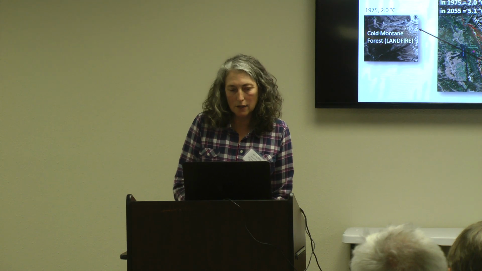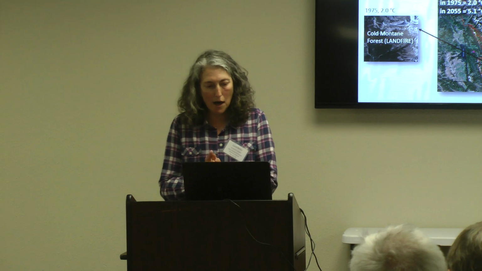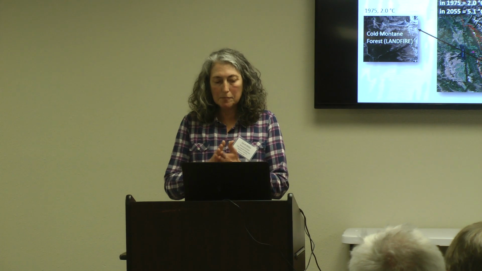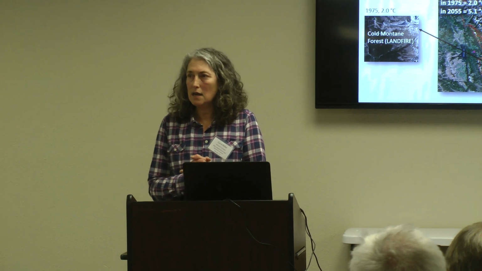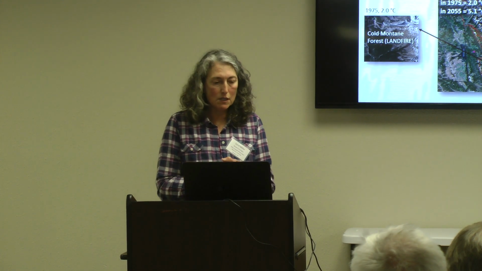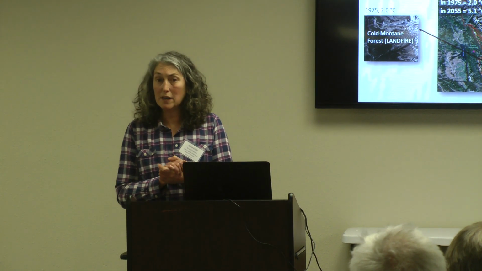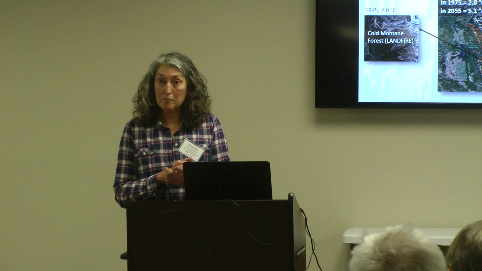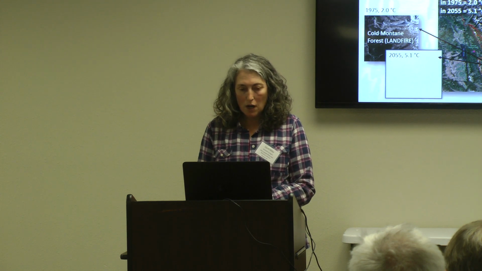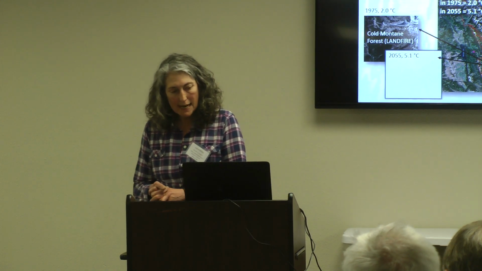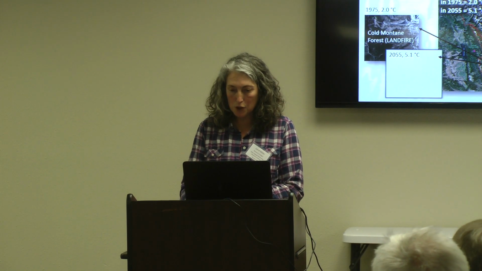If I look up that site on the LANDFIRE vegetation data, I'll find that it's described loosely as cold montane forest. In 1975, its mean annual temperature was 2 degrees, but it's projected by 2055 to be 5.1 degrees Celsius. So the question is, it's cold montane forest today, what might it be in 2055, given that the temperature is going to change?